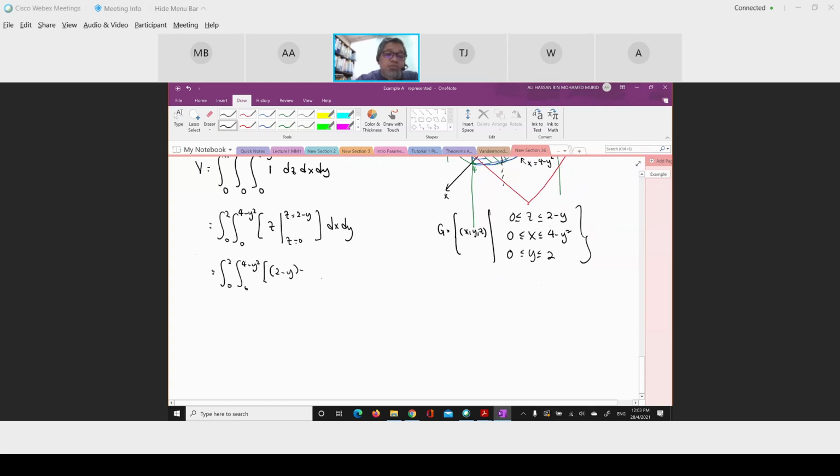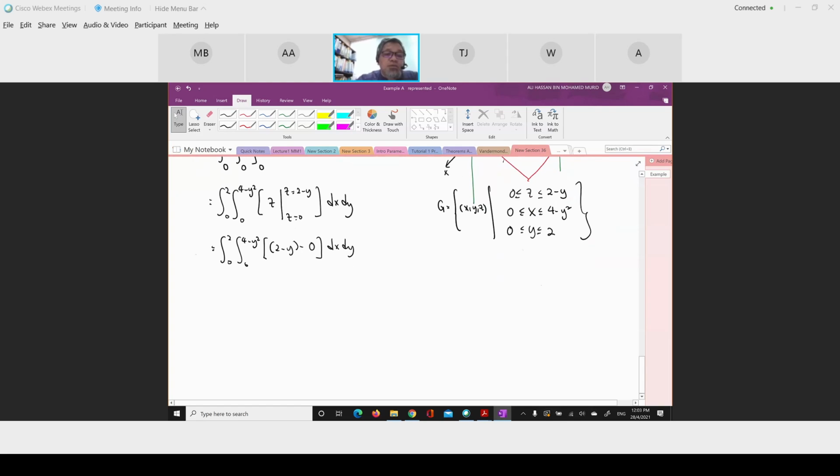Substituting z equal to 0 gives 0. Is this correct? Yes. So it is the integral from 0 to 2, of the inner integral, from 0 to 4 minus y squared, of 2 minus y dx dy.